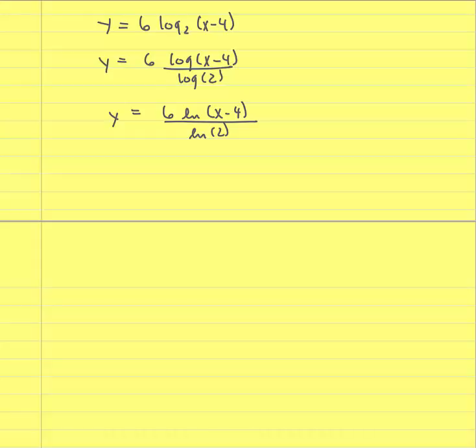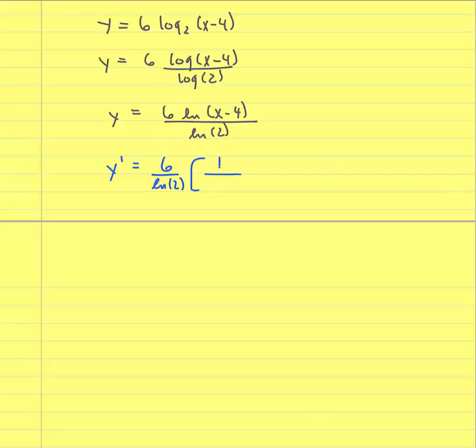So let's go ahead and start with a derivative. This is going to be the quotient rule. So let's start with y prime. I have a 6 out front. Actually, I think I'm going to change my mind on this. This natural log 2 is a constant. So I'm going to pull out 6 over natural log of 2, and I no longer have a quotient rule. I just have the derivative of the natural log of x minus 4.